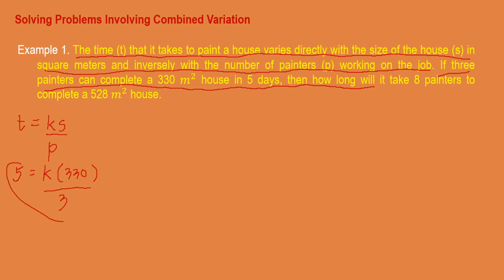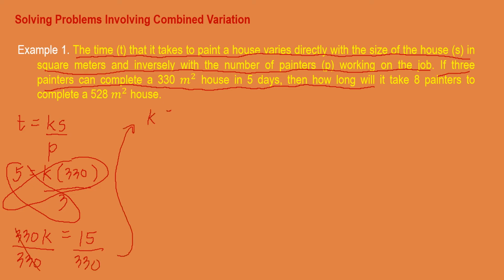By cross multiplication, we're going to have 330K is equal to 5 times 3, 15. Let us now solve for K. Divide both sides by 330.